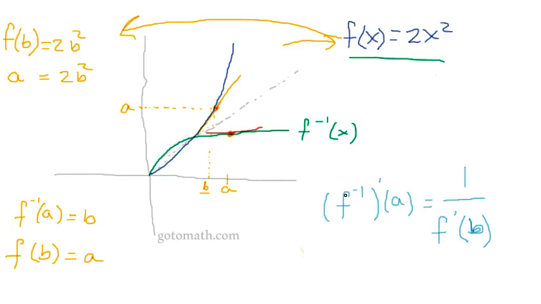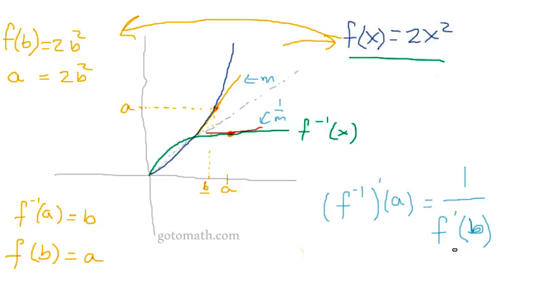Well, this is what we're actually asked to find, but since these are inverse functions of each other, if we know the slope of this tangent line, then all we have to do is take the reciprocal. So let's say the slope of this guy is m, then I know that the slope of this line is 1 over m. So let's just look at that.